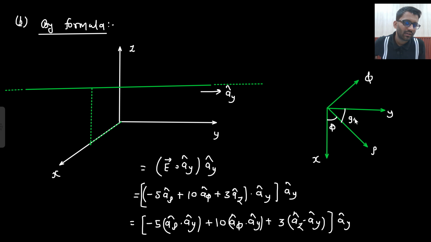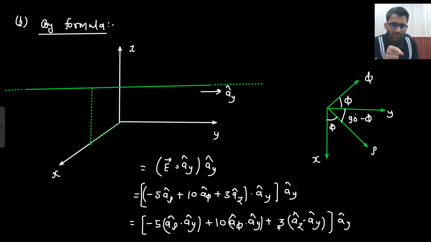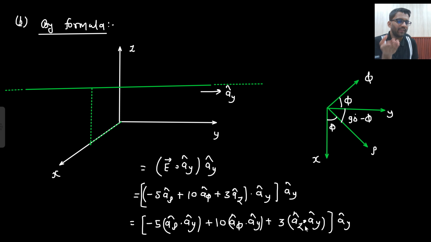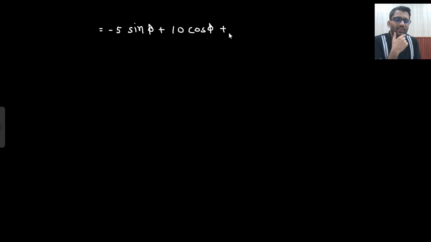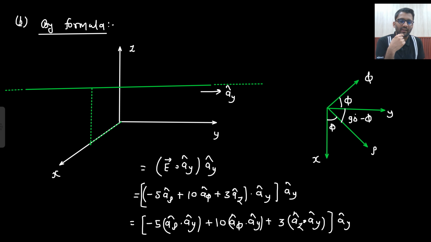This would be your 90 minus phi, and what this angle would be? Phi. That's it. You will be able to solve. A rho dot ay is sin phi. So -5 sin phi plus, I will also solve by geometry, do not worry about that, plus 10 a phi dot ay is cos phi, plus this would be 0, az dot ay. This is your y, z is coming towards you, so that would be 0 only. So that is 0, and direction is ay cap.